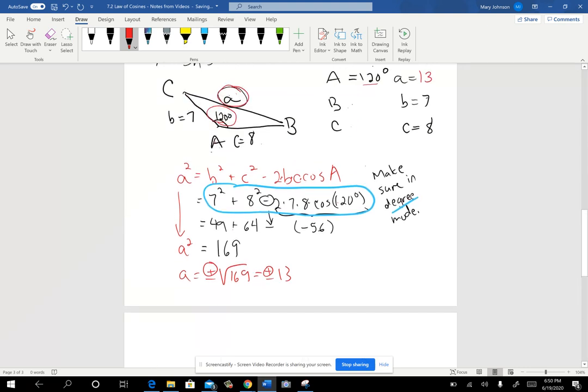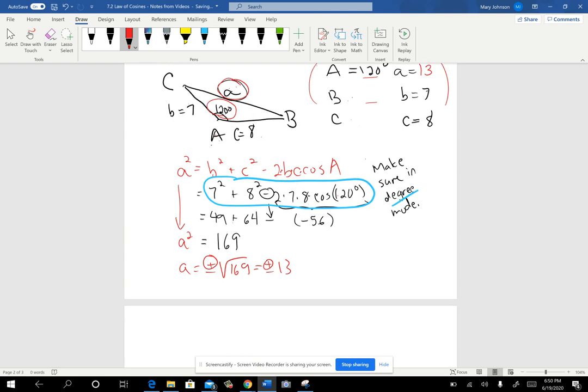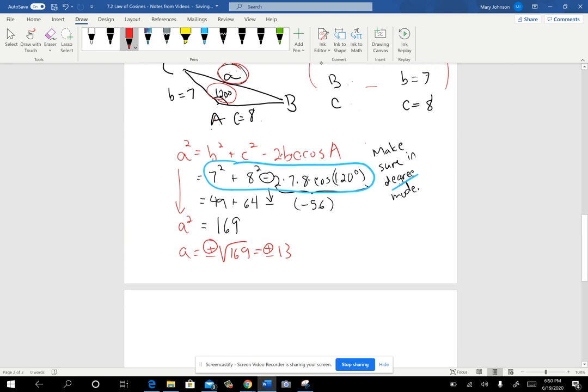So see how we jump to the law of sines once we get enough? I can see right here, for instance, that I could use that and build a proportion. And since I want to know what the angle is, I'm going to use the variation of the formula that has the angle on top.